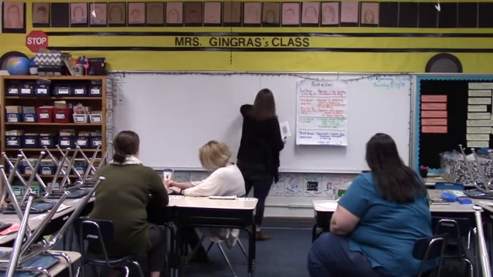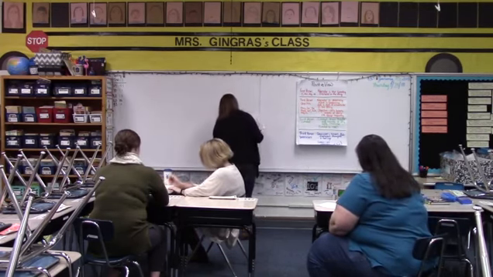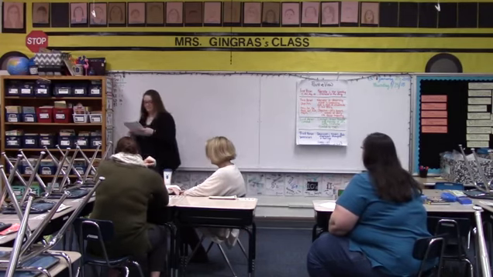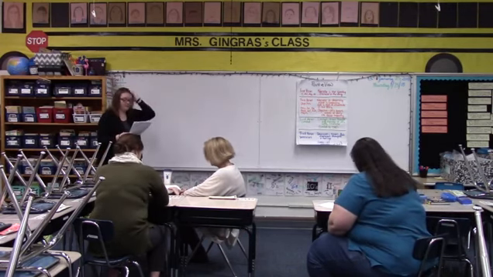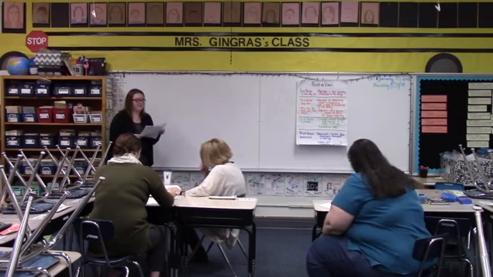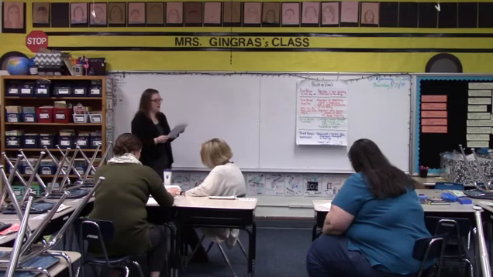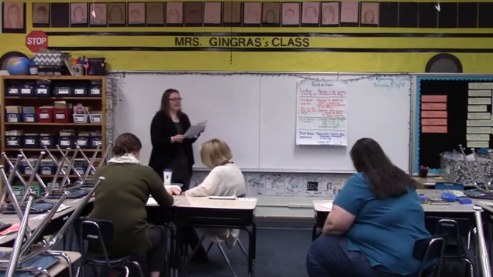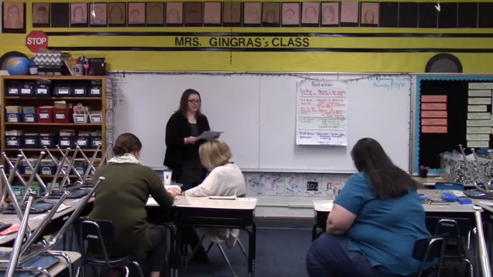All right. So now we're going to move on to the next problem. So let's read the problem together. Ivy has 4 times as many stickers as Adrian has. Ivy has 320 stickers.